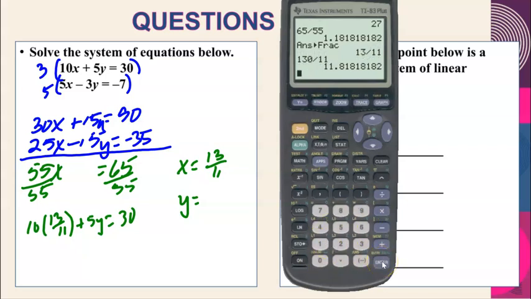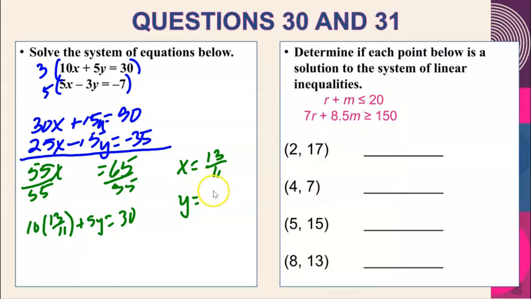It's equal to 11.81 repeating. We're going to take our 30, and we're going to be subtracting 130/11 on both sides. So I'm going to do minus second answer. That's going to give us 18.18 repeating. And then we're going to divide everything by 5, because the opposite of multiplying by 5 is dividing by 5. And I get 3.63 repeating. Hit math, enter, and we get 40/11.